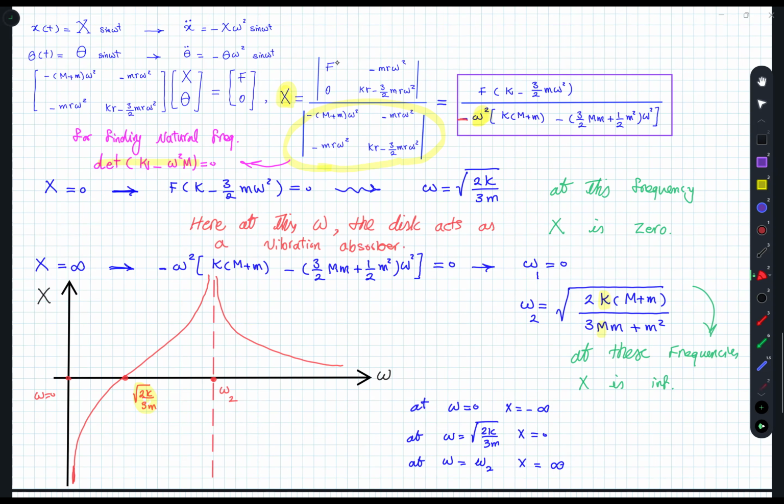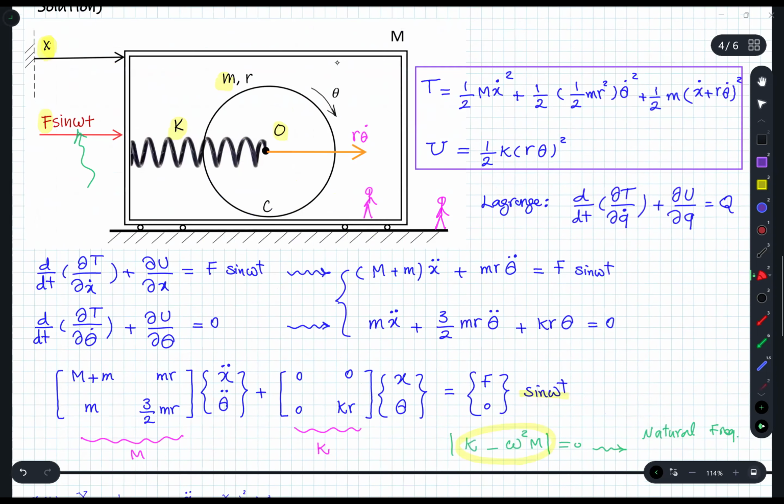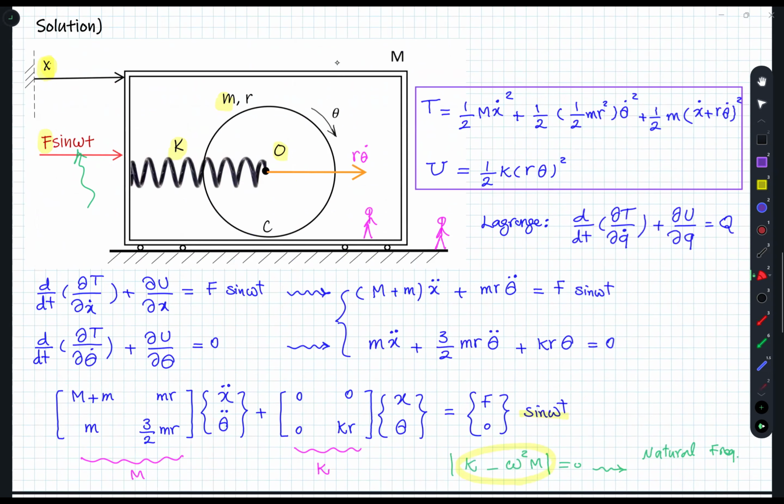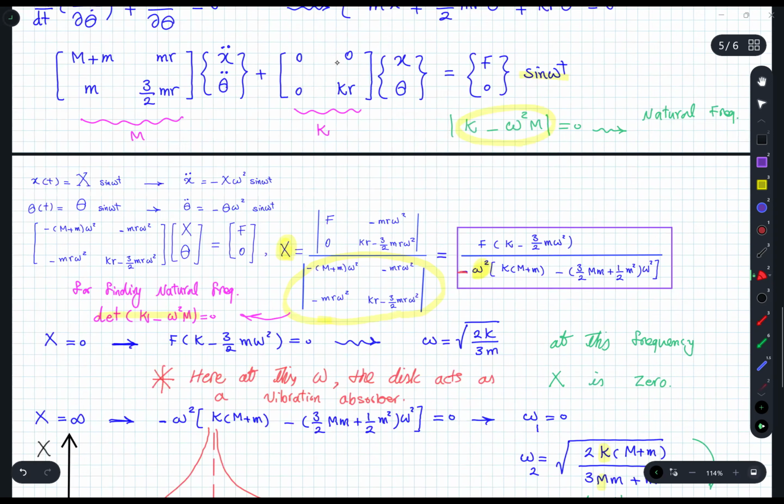So that's one interesting feature that we can observe. What does it mean? For the system at that particular frequency, the card is not going to move, but the disk inside is going to move and absorb all the energy. So it acts as an energy absorber.